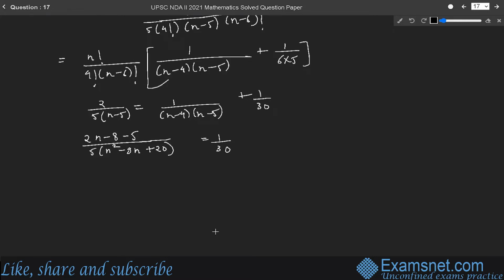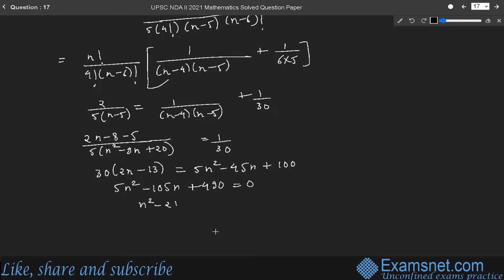Again cross multiplying, it will be 30 into (2n minus 13) is equal to 5n square minus 45n plus 100. Now again on further solving this equation, we will get 5n square minus 105n plus 490 is equal to 0. So it will be n square minus 21n plus 98 is equal to 0. When we take 5 common, this will be the required equation.